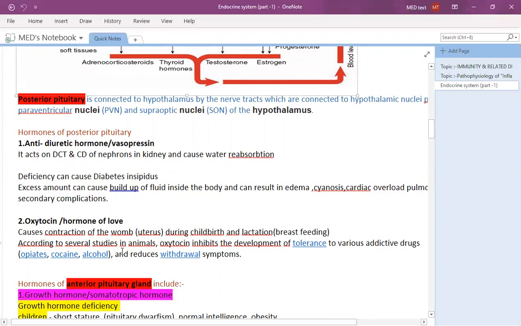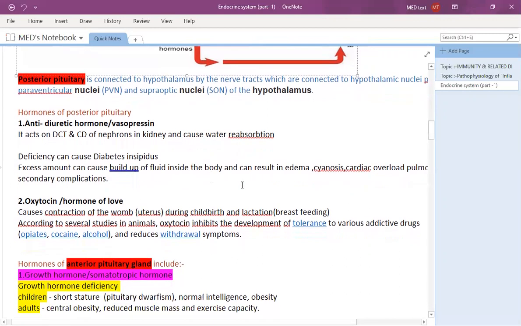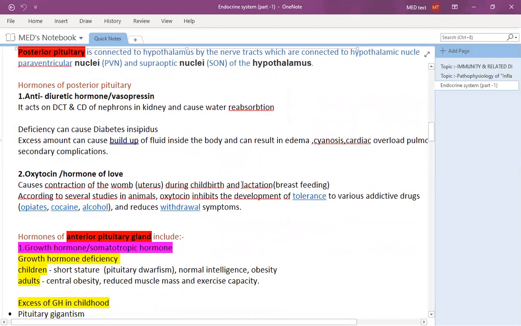Oxytocin, as I said, hormone of love, it causes contraction of womb during pregnancy and lactation, breastfeeding. So contraction of womb is the easy way for labor, right? To get the child conceived. All right. Next, according to several studies in animals, oxytocin inhibits the development of tolerance to various addictive drugs.